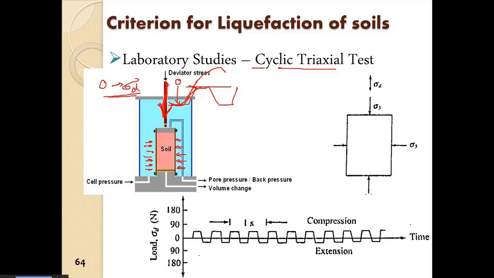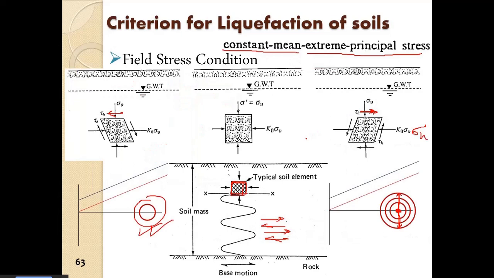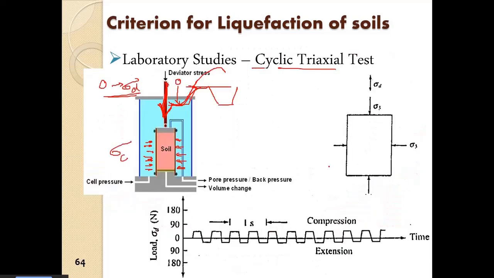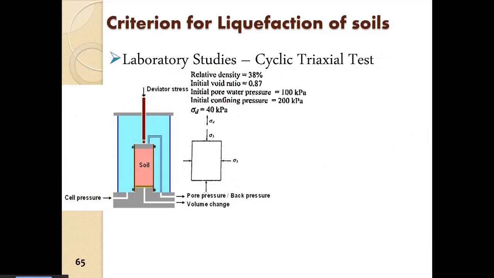And we have the cell pressure sigma c. Now how can this be equated, and this condition be similar to the condition which is developed in situ? Here we see that we have the initial pore water pressure and the initial confining pressure, that is 100 kPa and 200 kPa.